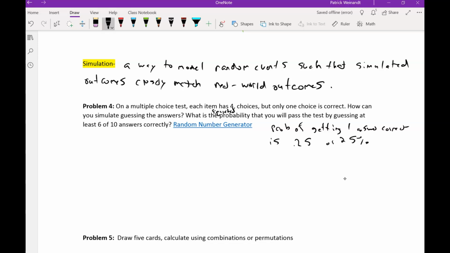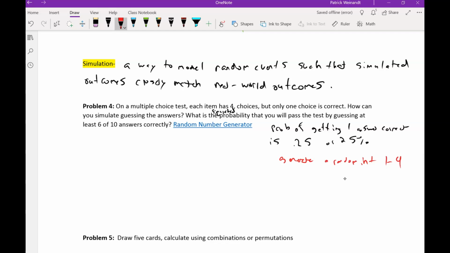So we're going to generate a random integer from 1 to 4, and that's going to represent a single question. If I just did it once, let's say question 1 and I got 3, that would be like choosing C maybe. But instead of aligning it to A, B, or C, we're just going to let one of those numbers represent a correct solution.